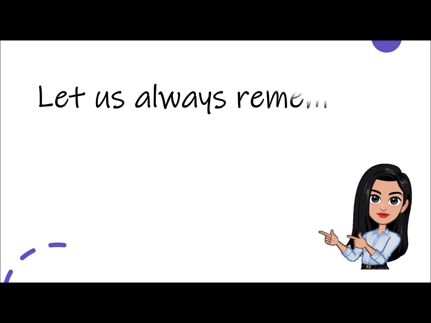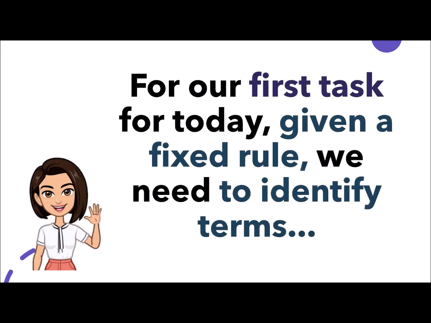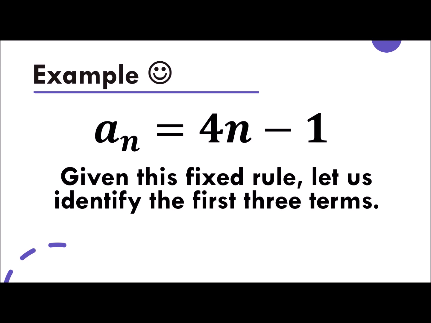Let us always remember that patterns play an important role in sequence. For our first task for today, given a fixed rule, we need to identify terms. For example, given that fixed rule a sub n is equal to 4n minus 1, let us identify the first three terms. Again, what does first three terms mean?